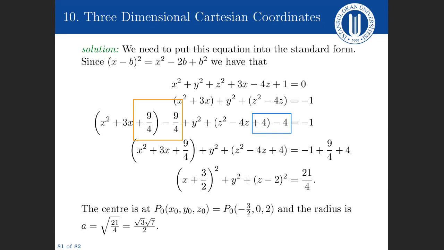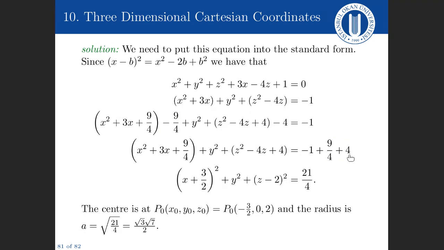These numbers, the 9 over 4 and the minus 4, I don't need, so I'm going to move these off to the right side. And we're left with x squared plus 3x plus 9 over 4 plus y squared plus z squared minus 4z plus 4 is equal to minus 1 plus 9 over 4 plus 4.